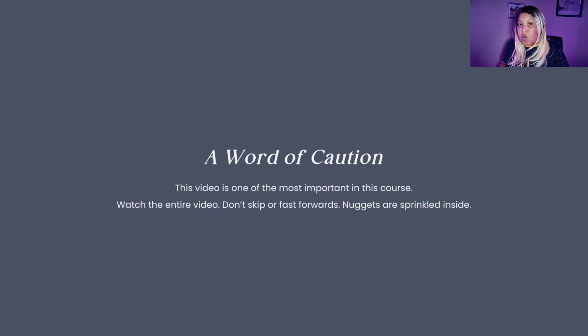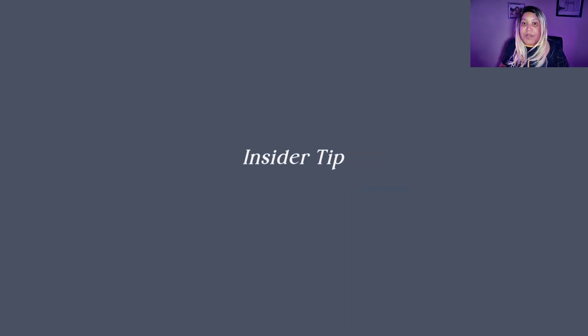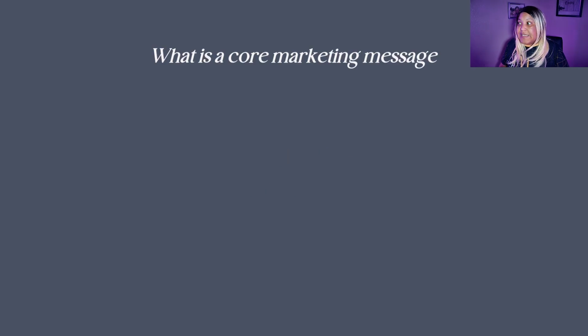So don't fast forward. I drop nuggets inside of these videos unintentionally. Sometimes it just comes off the top. So I don't want you to skip around. And an insider tip, if you are pressed for time, just go 1.5 to 2x the speed of the video. I mean, to me, I already talk fast, but if you need it even faster, go ahead and speed it up. But I don't want you to skip.